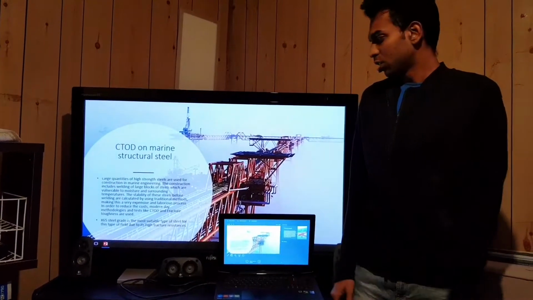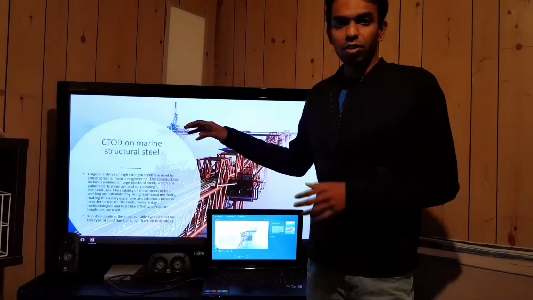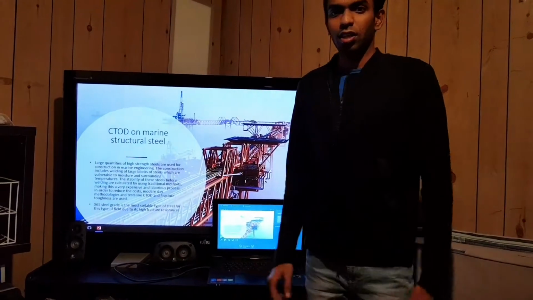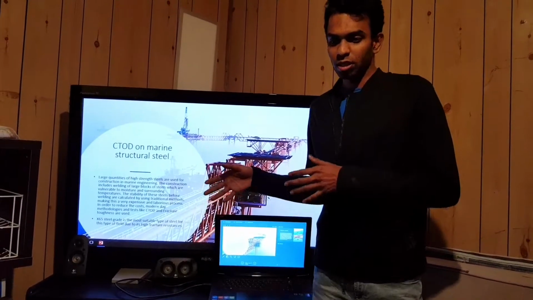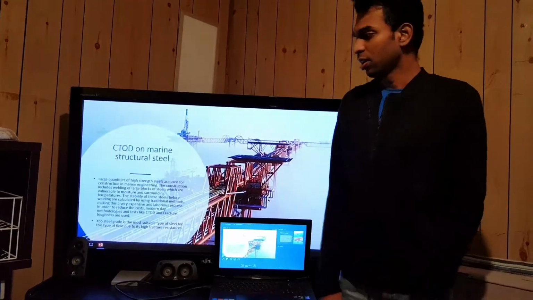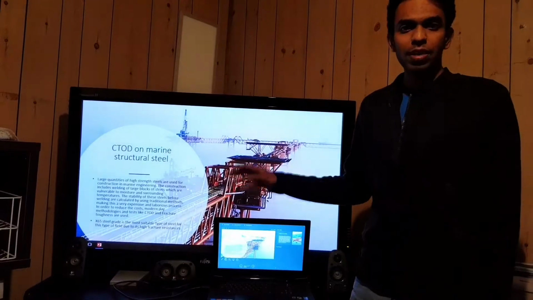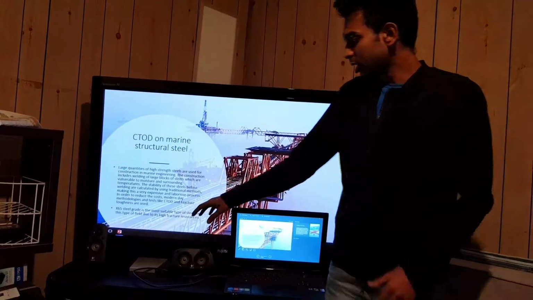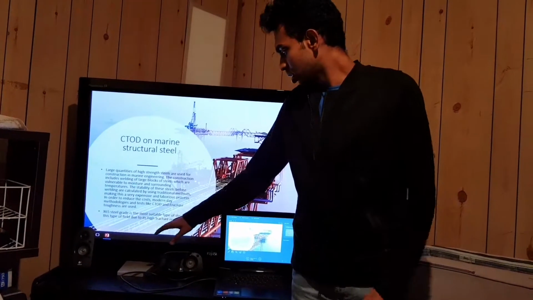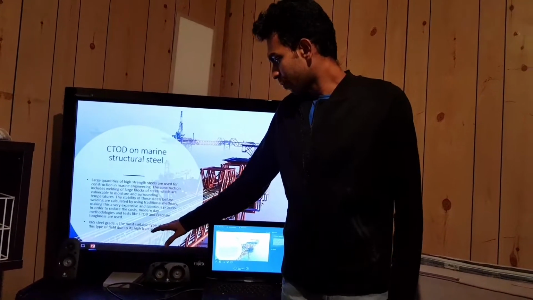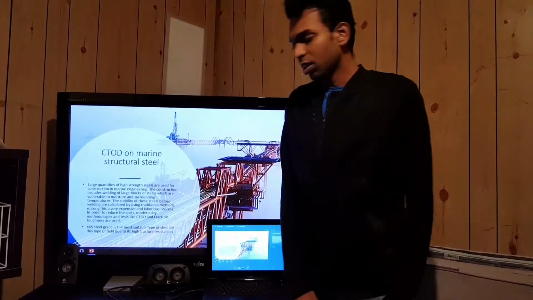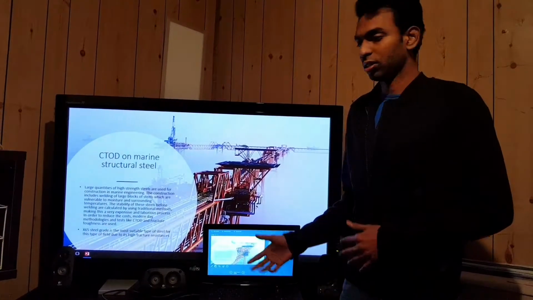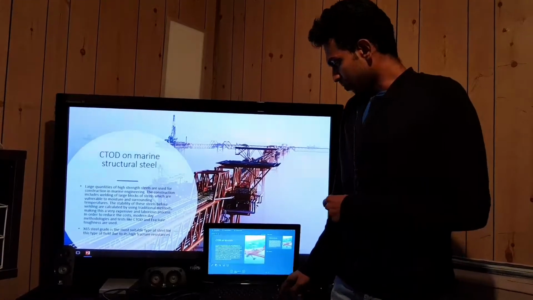So during the manufacturing of these submarines, the CTOD is considered in the beginning itself. The most important material that we use in this is X65 steel. This is considered because it has higher sustainability and higher strength against mechanical external forces.